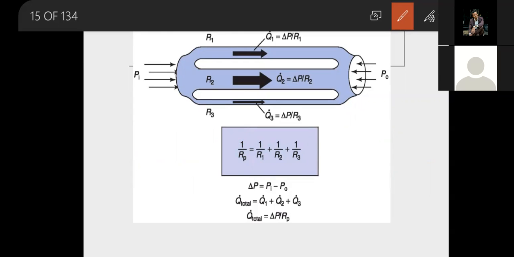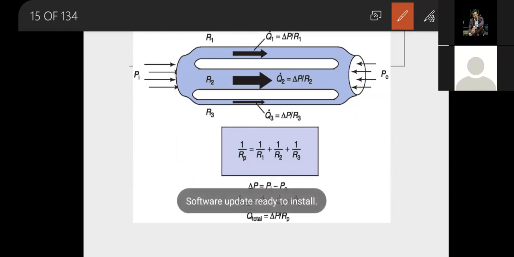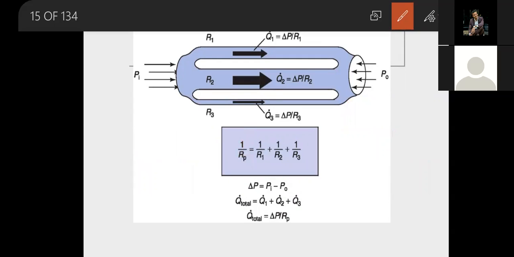This is why capillaries are the most narrow segment in the vascular system, but still they have the smallest pressure. We know that pressure equals flow times resistance, right?